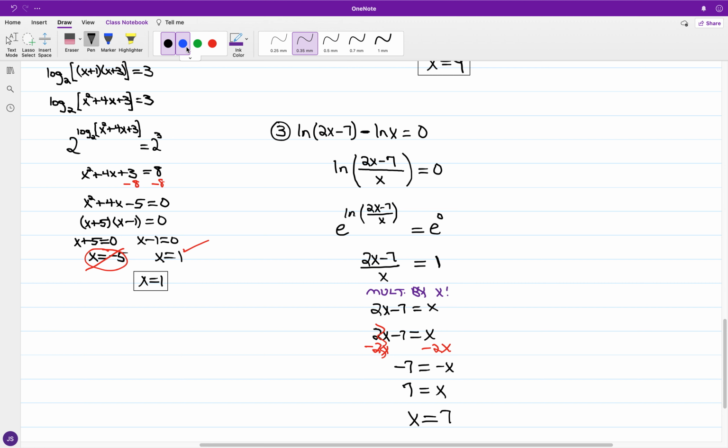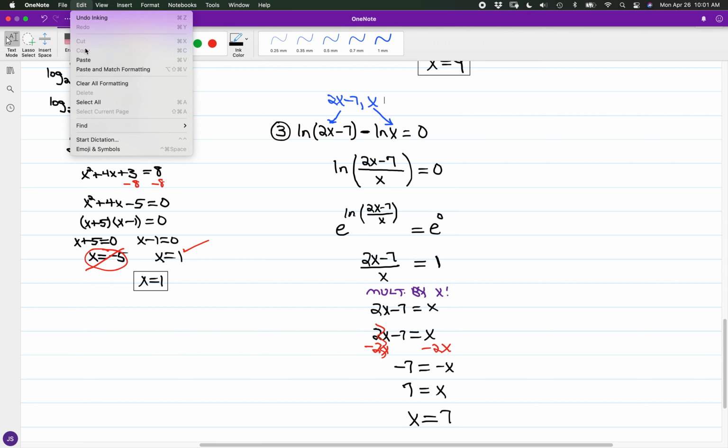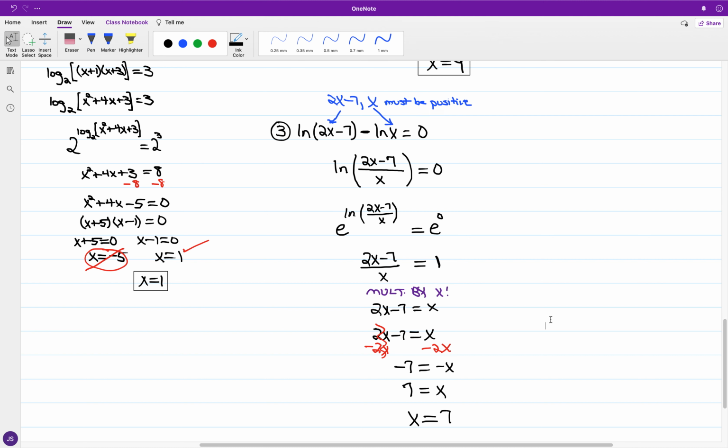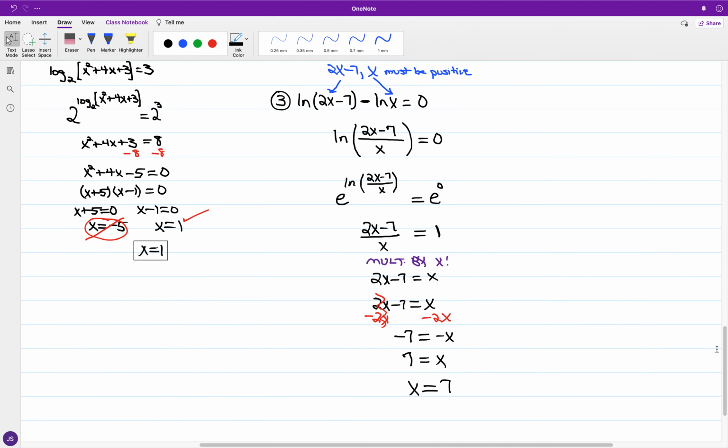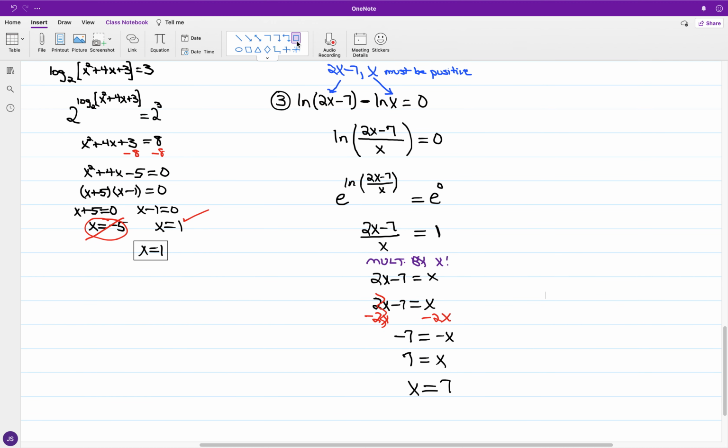And once again, with the restrictions, whatever we have for x, in this case 7, both 2x minus 7 and x must be positive values. With x at 7, 2 times 7 is 14 minus 7 is 7, that is positive. And for the natural logarithm of x with x at 7, x is also positive. So 7 is indeed going to check out.